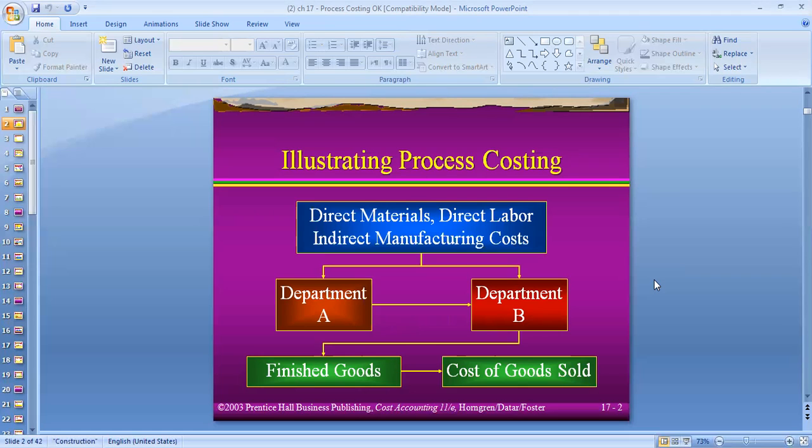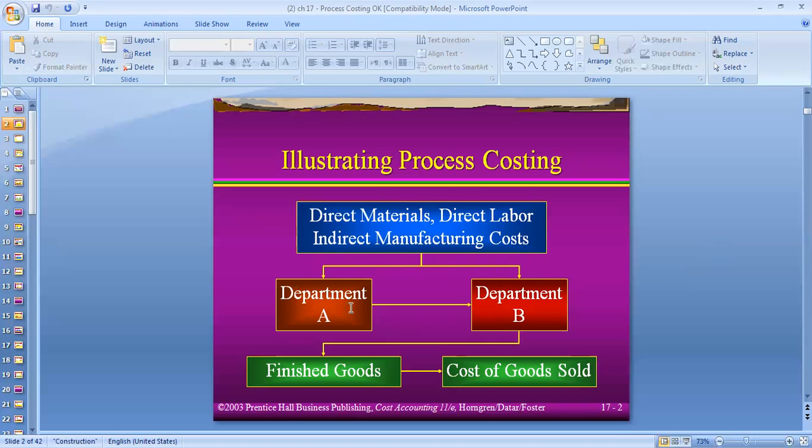Also, department B has its direct material, direct labor, indirect manufacturing cost. When department A is finished from preparing its completed units, it transfers its completed units to department B. So both departments got the three main items of cost.